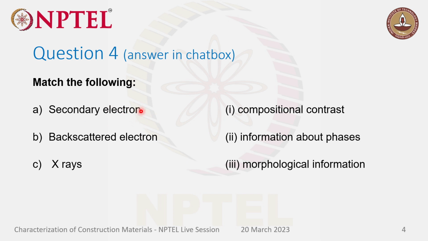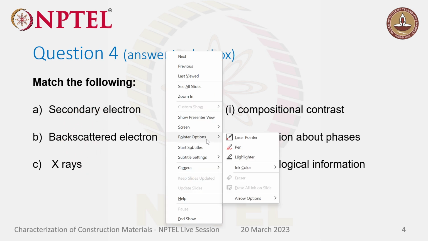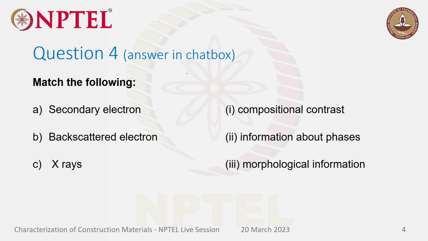What could be analyzed or observed from the secondary electrons, backscatter electrons, or X-rays generated from the interaction of the electron beam with the sample? Once the primary electron beam interacts with the sample, there can be 3 different types of outputs. Rather than talking, I'll draw it. Assume that it's a SEM column, the electron beam is coming into the SEM column, and here is the sample.